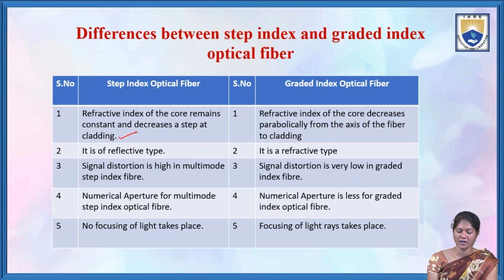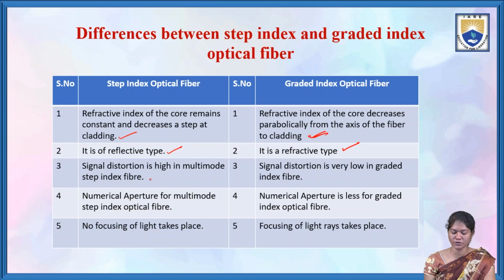In graded index optical fiber, the refractive index of the core decreases parabolically from the axis of the fiber to the cladding. Step index optical fiber is a reflective type. Graded index optical fiber is a refractive type.